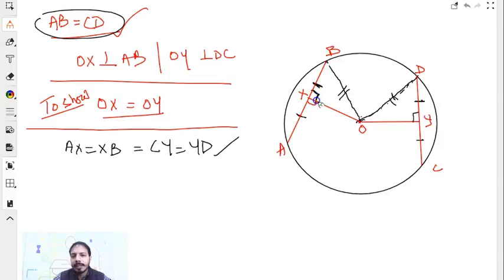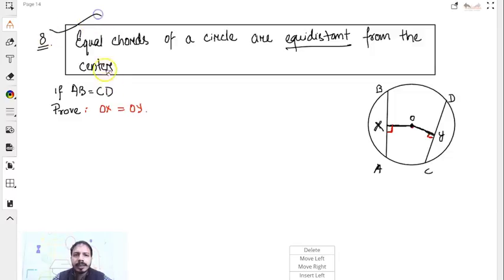And this is 90 degrees. From the right angle, hypotenuse, side criterion, we can say these two triangles are congruent. So I can say OX is equal to OY. Simple, right? So equal chords of a circle are equidistant from the center. Very important.